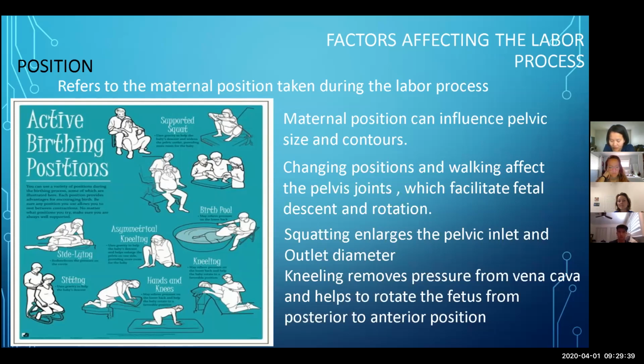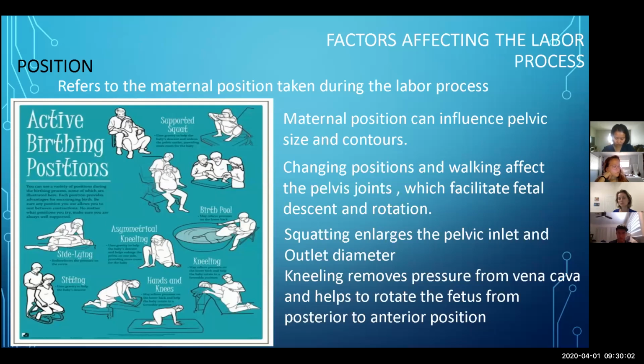The use of upright or lateral position compared to supine or lithotomy position has been shown to utilize gravity. So it helps move that fetus downward and reduces the length of the first stage of labor. It also reduces the duration of the second stage, and the number of assisted deliveries or episiotomies or perineal tears.